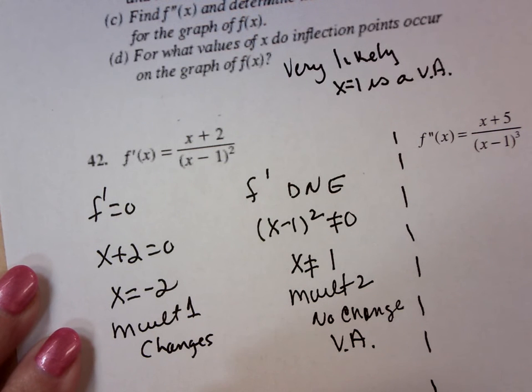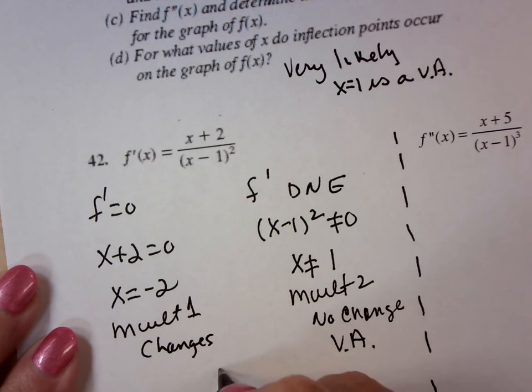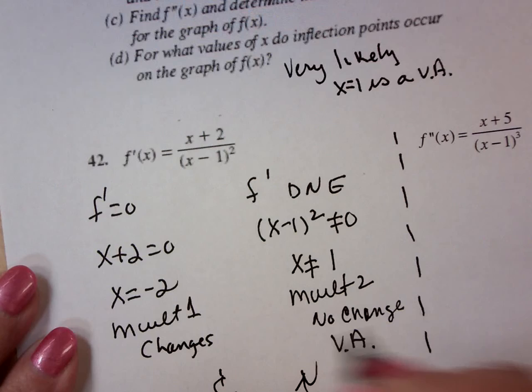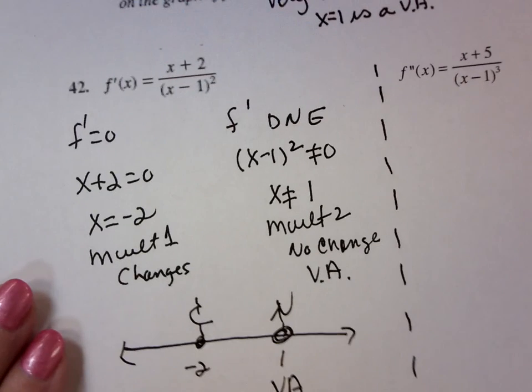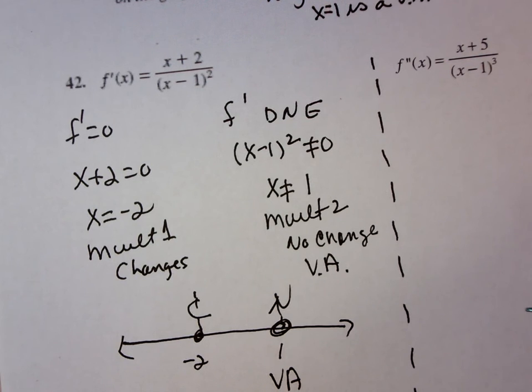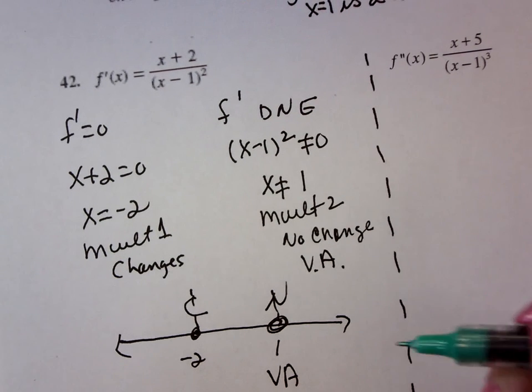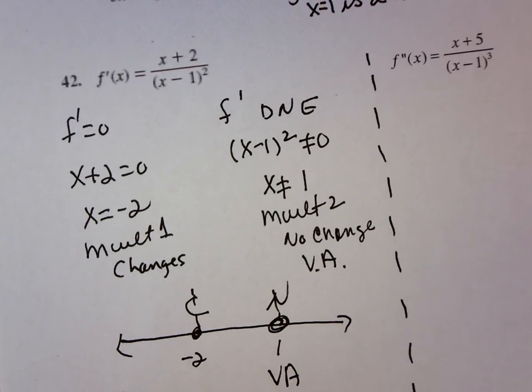So now I draw my number line. I put on negative 2, change. I put on 1, leave that open, and mark that as a VA with no change. Otherwise, if I don't mark it as a VA, then I'll think it is something that it's not supposed to be. Plus, I learned my lesson from being smacked many times.